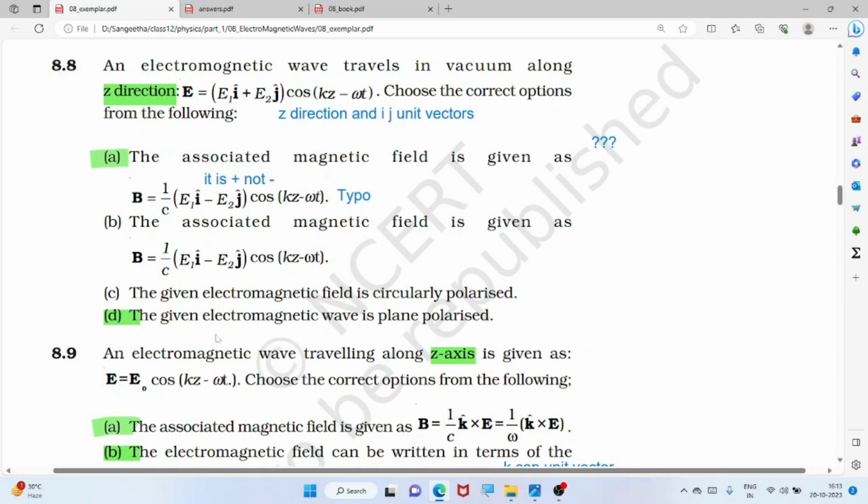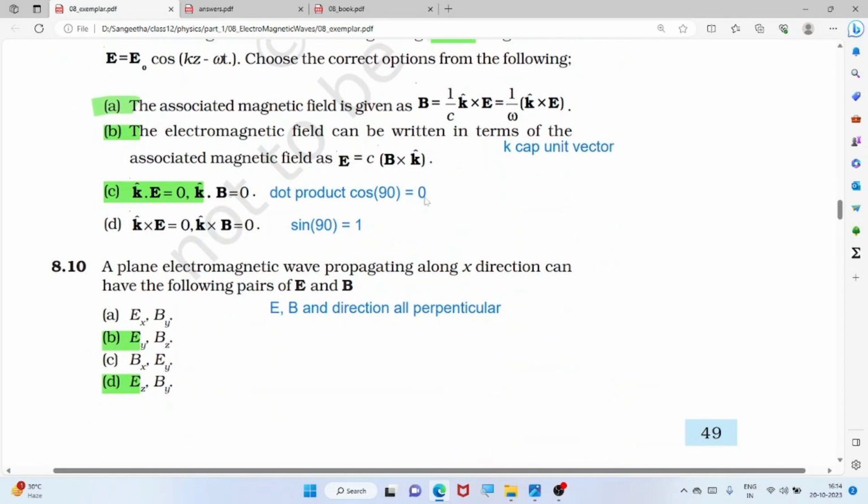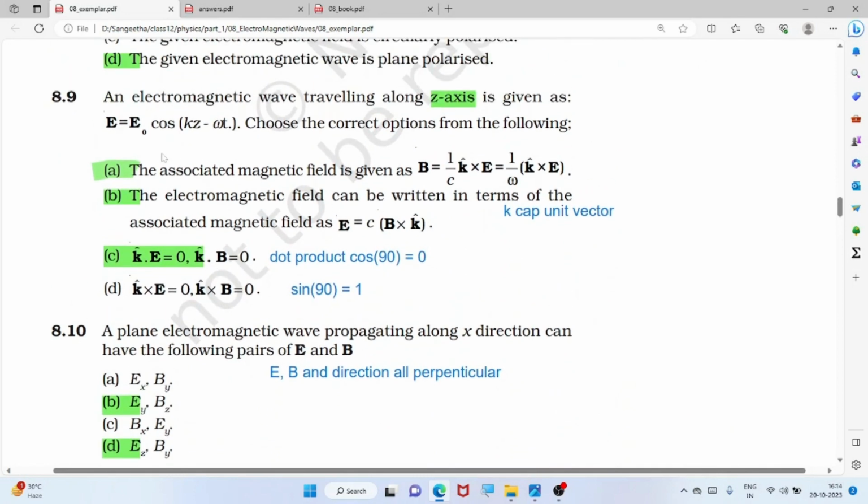The given electromagnetic wave is plane polarized. Okay, it is in the same plane. Electromagnetic waves are plane polarized, that is, polarized in only one plane. The electromagnetic wave traveling in the Z axis is given. The direction of the propagation is the Z axis. Choose the correct option.